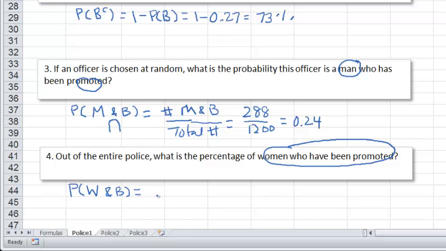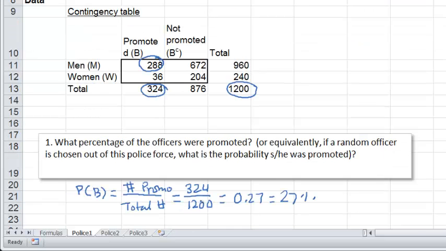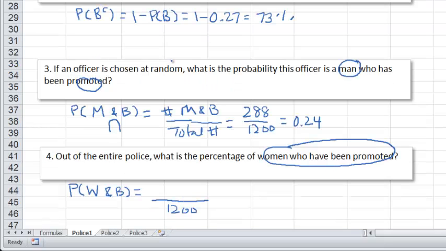Okay, so we count the number of women who have been promoted and divide by 1200. So let's take that data. There are women who have been promoted, so that's 36. Put that in the numerator here of our fraction. And that is just 0.03 or 3%. So only 3% of the entire police force consists of women who have been promoted.